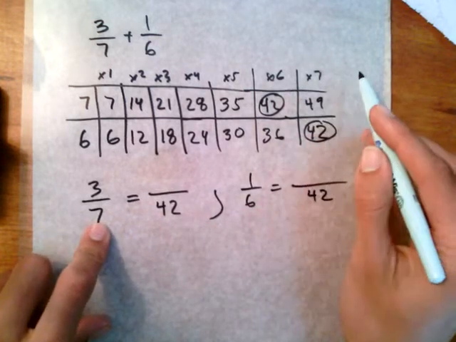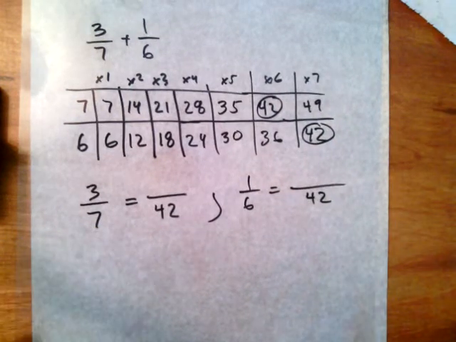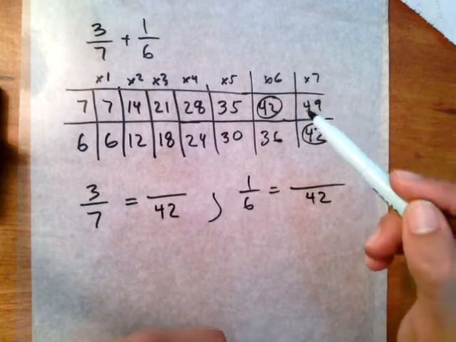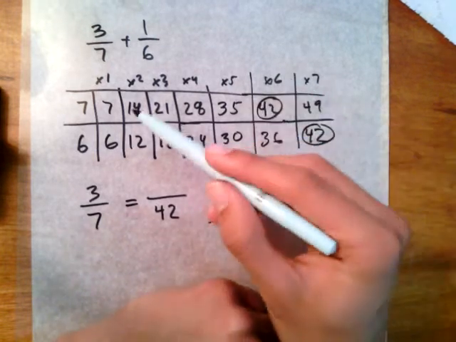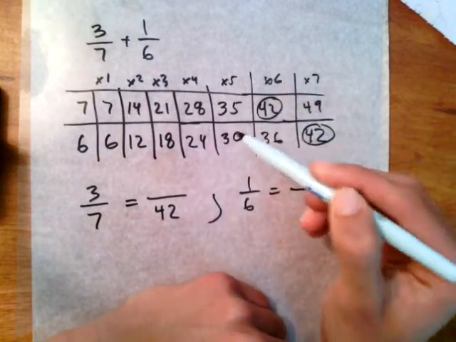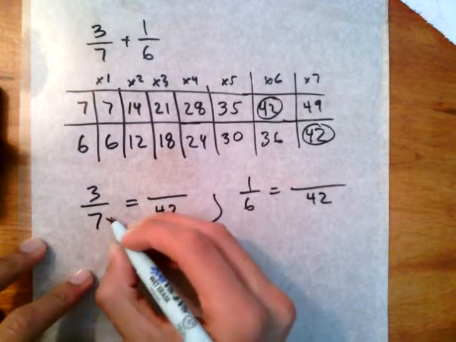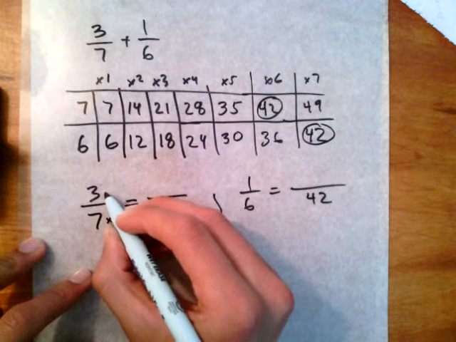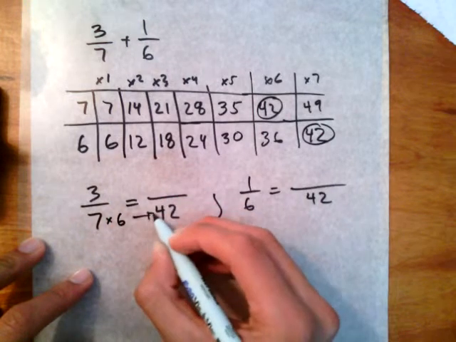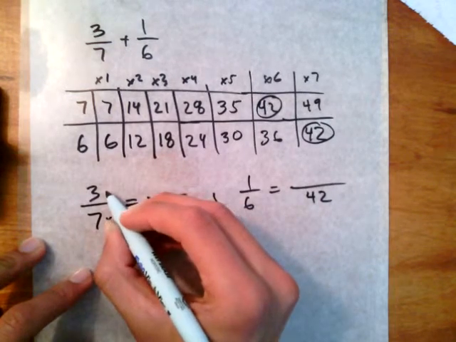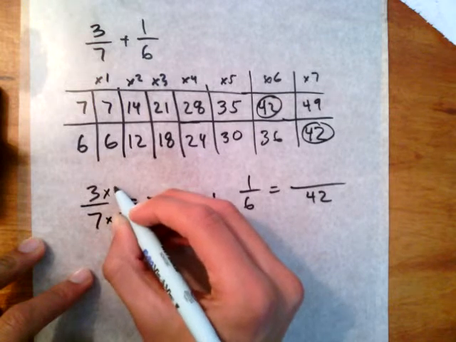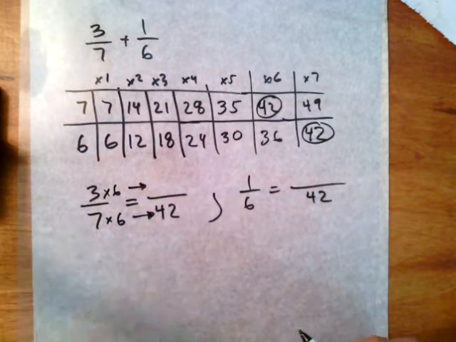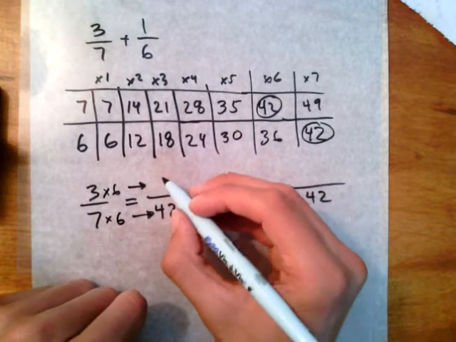Going back to the information we had earlier when we were looking at multiples of 7 and multiples of 6, we saw that 7 times 6 gave us 42. So when multiplying the denominator to get the new denominator, we must also multiply the numerator. What is applied to one must be applied to the other. So we have 3 times 6. This gives us 18.